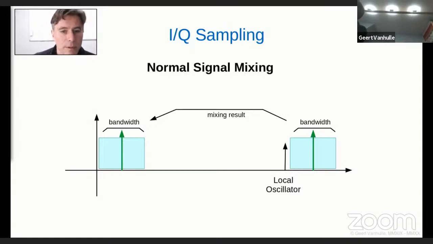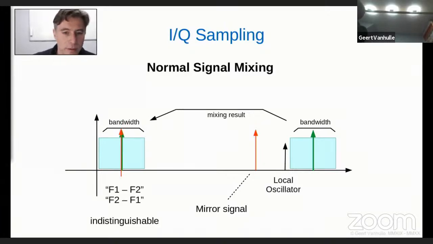Now, the problem with the normal signal mixer is that we can have mirror signals. And what is this mirror signal? Well, this signal mixed with the local oscillator will also arrive at exactly the same frequency in our baseband.